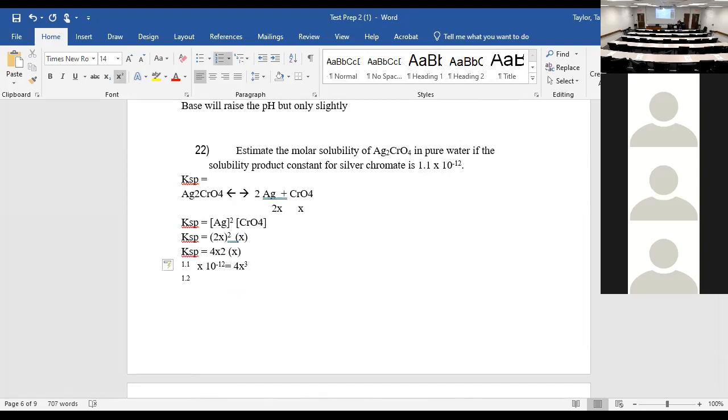Then divide both sides by 4 and take the cube root to clear out the x. So you're left with x equal to 6.5 times 10 to the negative 5th. And that is your answer for the molar solubility of silver chromate.